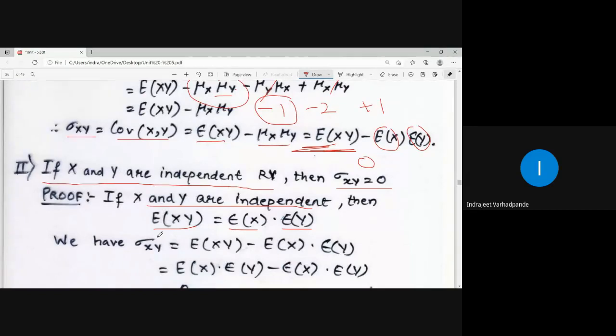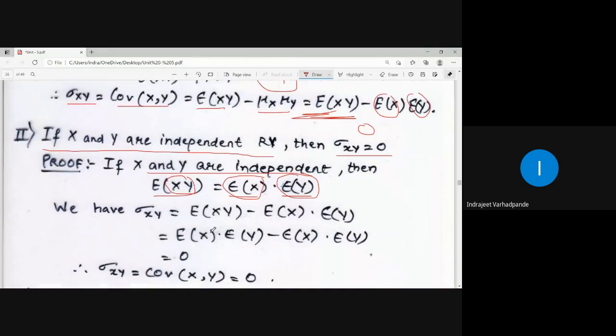So in case of independent random variables, expectation of the product is product of individual expectation. E of xy is written as E of x into E of y. So as per the theorem statement number 1, sigma xy will be expectation of xy minus expectation of x into expectation of y.